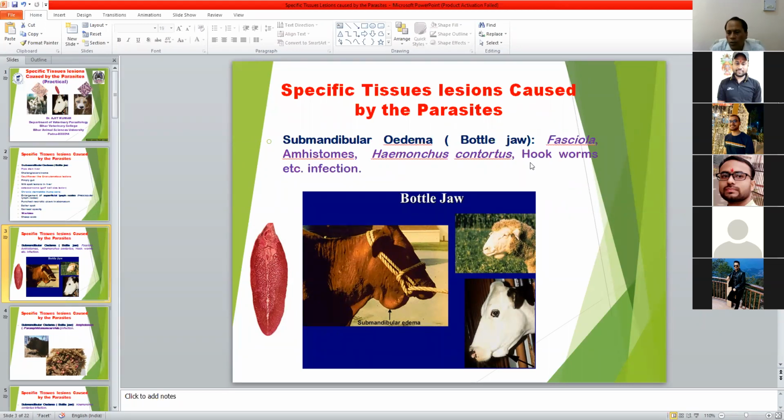तो सबमैंडिबुलर ओडिमा वहां पर होता है जहां पर हाइपोप्रोटीनीमिया होता है. जहां पर हाइपोप्रोटीनीमिया होगा, हाइपोअल्बुमिनिया होगा, वहां पर आपको ओडिमा होगा. जनरली सबमैंडिबुलर लूज स्किन में, जॉ में रहता है.